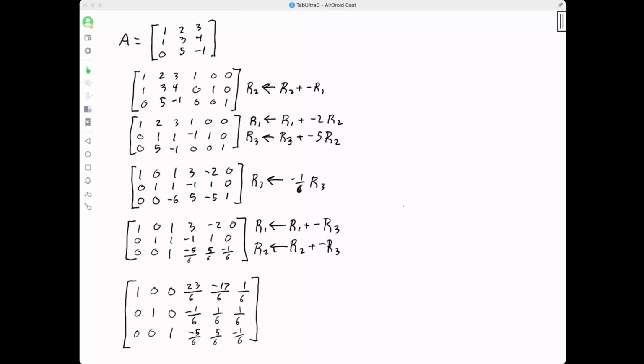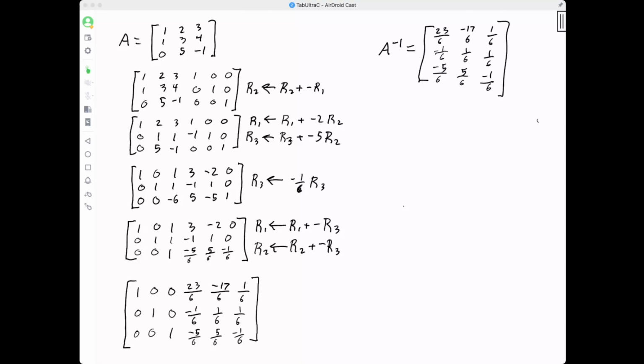So A inverse, assuming I haven't made any mistakes along the way, A inverse is 23 sixths, negative 17 sixths, then 1 sixth, then negative 1 sixth, then 1 sixth, 1 sixth, negative 5 sixths, 5 sixths, negative 1 sixth.